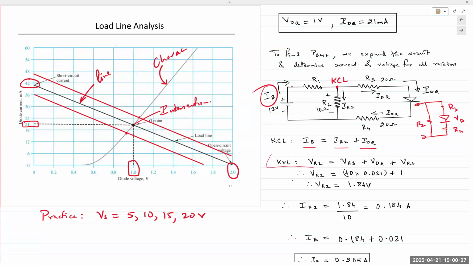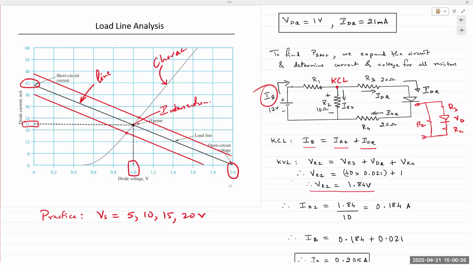We can apply KVL to the far right. We find VR2 is equal to VR3 plus VD plus VR4. We already know what VR3 and VR4 would be because we know the current. That's the diode current times 20 plus 20, so 40 times 21 milliamps, plus the 1 volt diode voltage. We find VR2 as 1.84 volts.